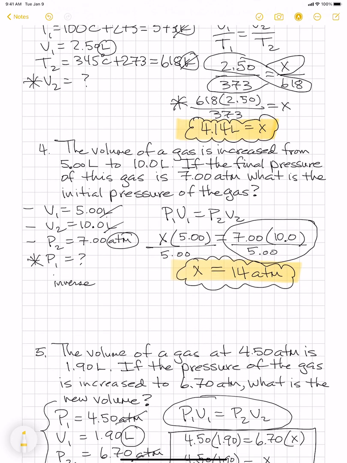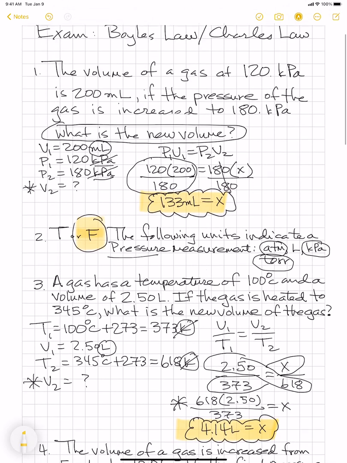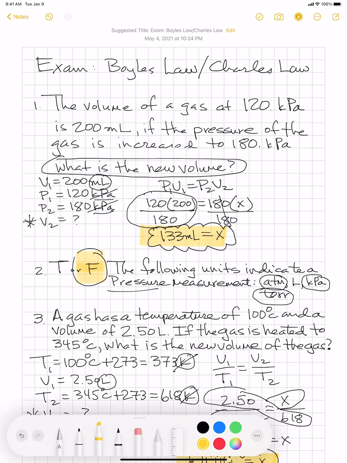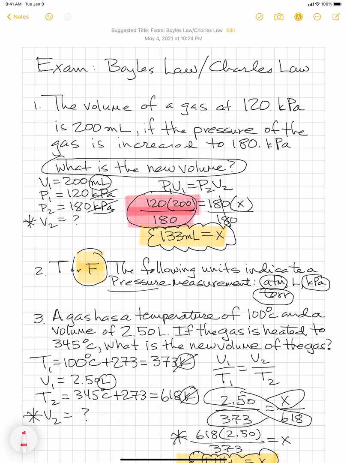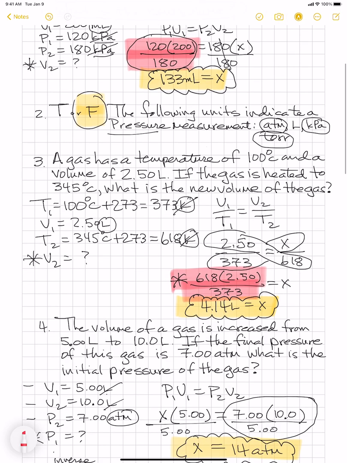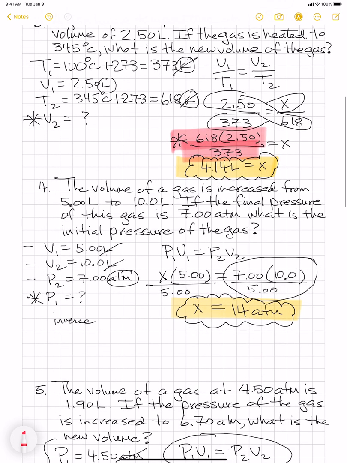So there are many places you could have made small mistakes. The number 1 place would have been not to change temperature to Kelvin. And then the second most common one is just not understanding how to do this basic type of math problem right here that comes up in every problem. It's a thing that we've worked out.